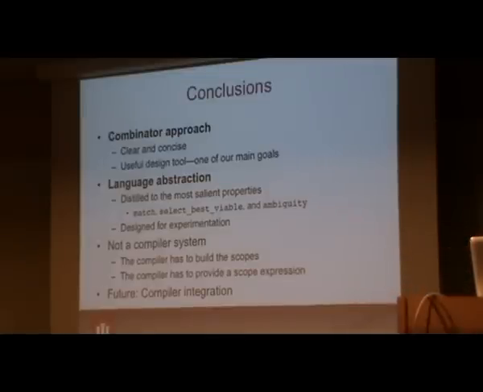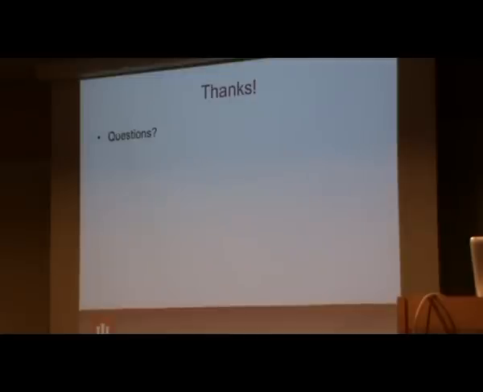Once you have the namespaces, we can use our combinators to describe how they are combined. But in the future, we would like to add another aspect to this, where we can integrate this with the compiler, including building up the namespaces and then actually calling those expressions in the compiler. Thank you.